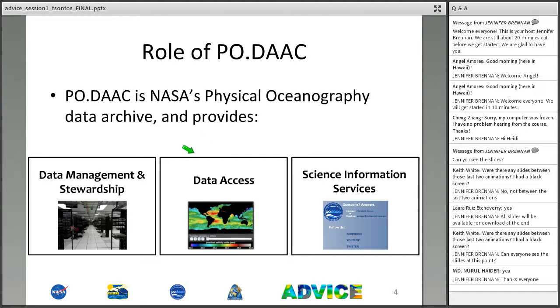There is a lot of expertise in the actual data themselves, in the salinity observations themselves. And in addition to archiving the data and providing stewardship of the data, we provide a range of tools and services for accessing the data, and we provide also support services for users if they have questions about the data and how to access it.